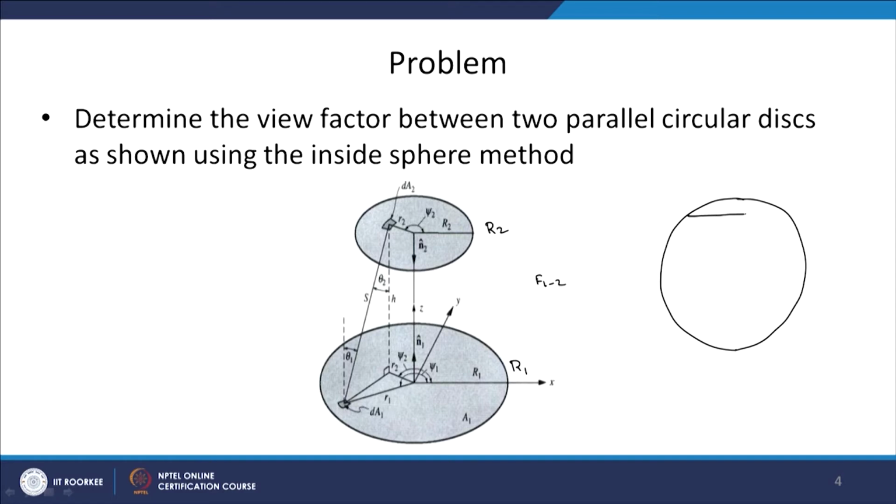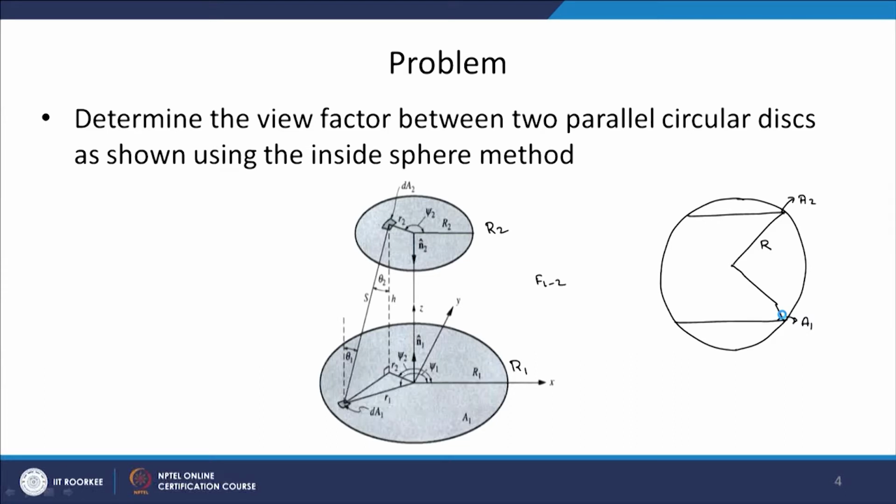So, we have this plate A2 and we have this plate A1. This is the center of the plate. We write this is the radius r of the sphere, and we can just connect this also. So, we will write some geometric relations and find out the view factor between these two surfaces.